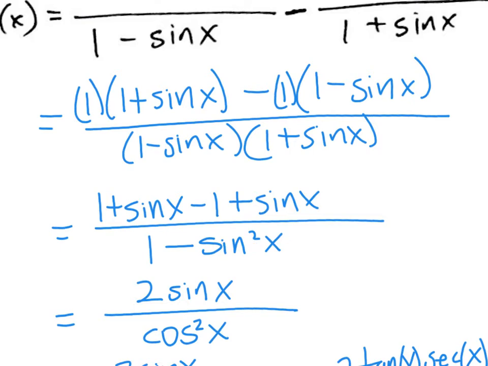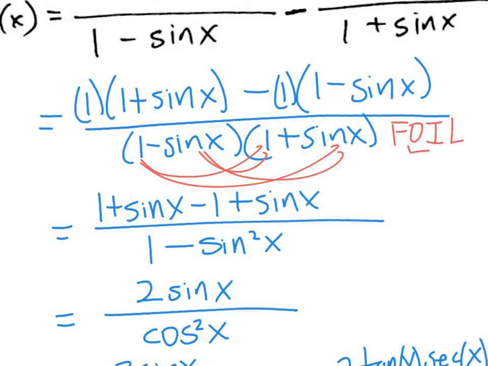And then this, so, this was FOIL, so firsts, outers, inners, and lasts. And the middle terms are going to cancel out. If you don't believe me, you should multiply that out and try, but these two are going to cancel. So our firsts were this, and our lasts were this. And then from our most common identity, sine squared plus cosine squared equals 1.